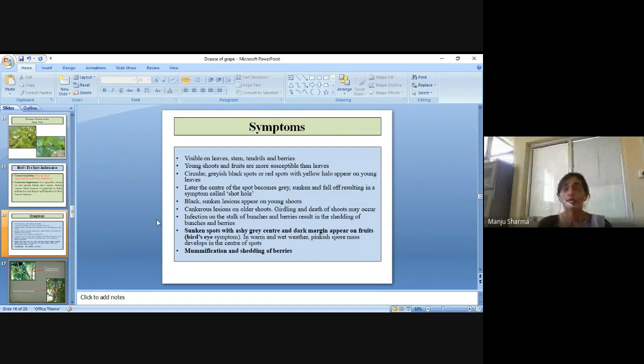Black sunken lesions appear on young shoots, cankerous lesions on older shoots, girdling and death of shoots may occur.